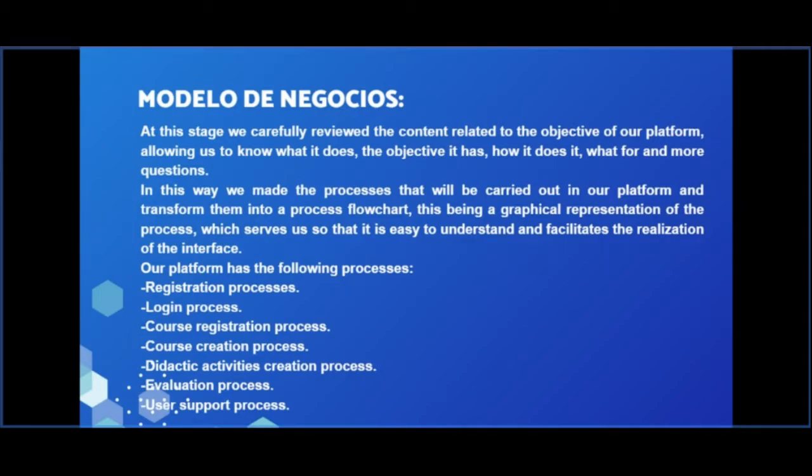In this way, we took the processes that will be carried out in the platform and transformed them into the process flowchart. This is a graphical representation of the process, which is easy to understand and facilitates the realization of the interface.